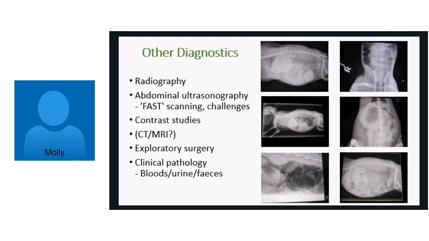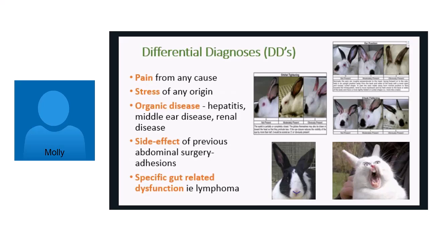Other things that may be useful, although not necessarily immediately, are just general hematology and biochemistry, perhaps looking at things like urine samples, fecal samples, and what have you. But they are of less direct benefit to diagnosing the gut stasis immediately.